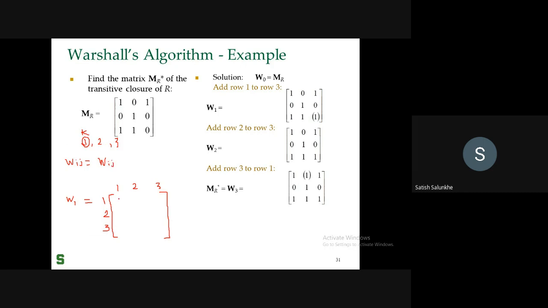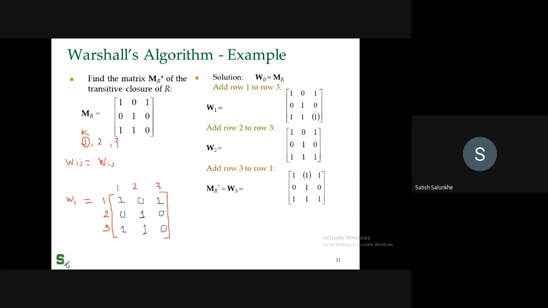That I will write as it is. Let me just use another color. It is 1, 0, 1. These are all original values. 0, 1, 0, 1, 1, 0. Okay.